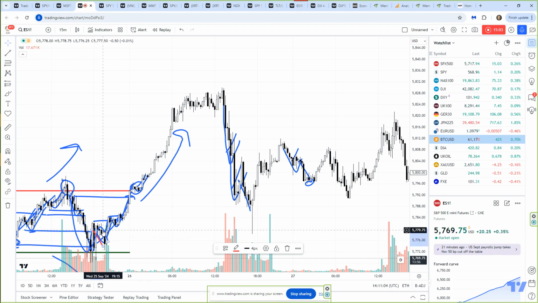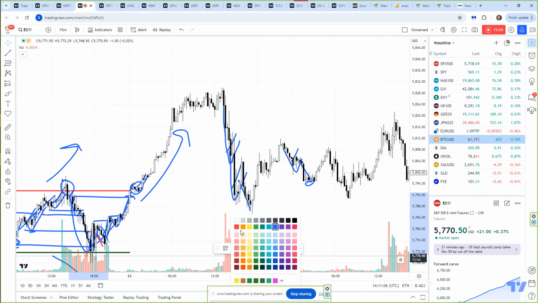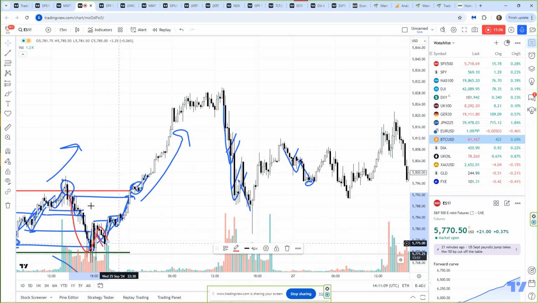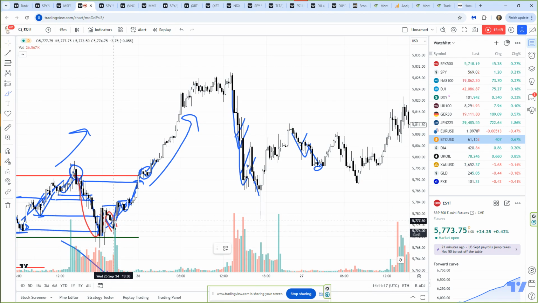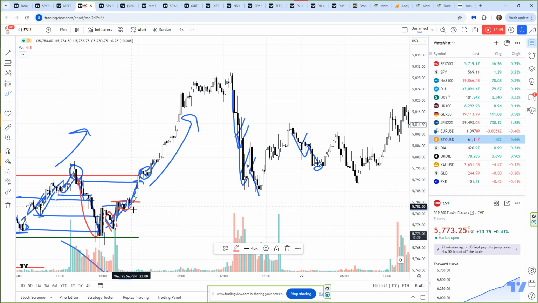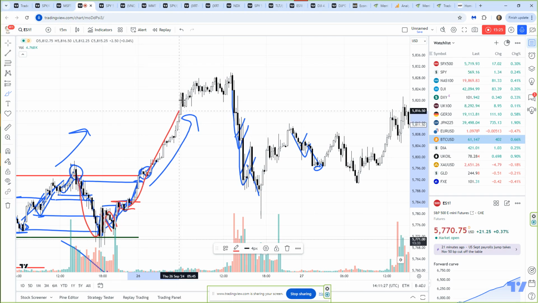Flagging down, flagging down. There you go. So we got a downward move, pulling back, flagging down, breaking to a new temporary low, consolidating, in this case a high, breaking out of this trend and running to the ultimate high in this case.